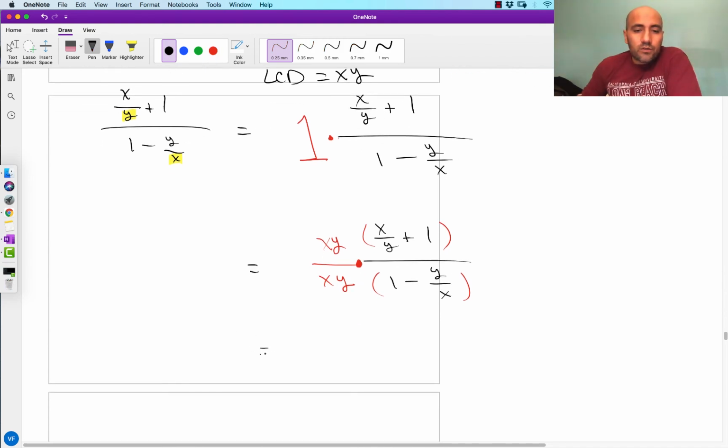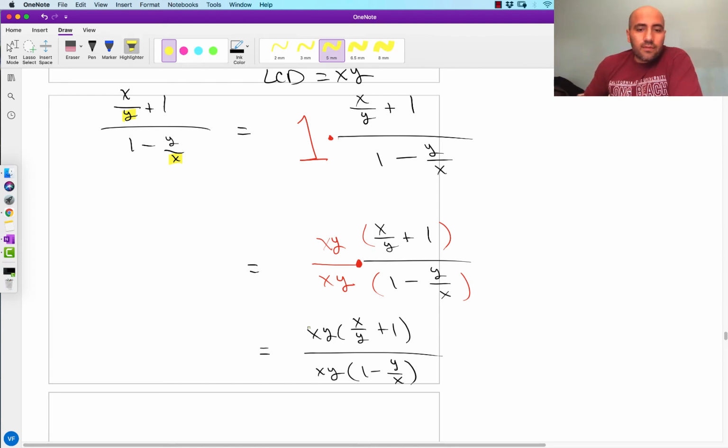This will be equal to xy times x over y plus 1, all over xy times 1 minus y over x. And then I distribute, so this xy gets distributed across each one of these terms. So it'll be xy times this fraction, xy times that 1, and then xy times this 1, and then xy times that fraction.